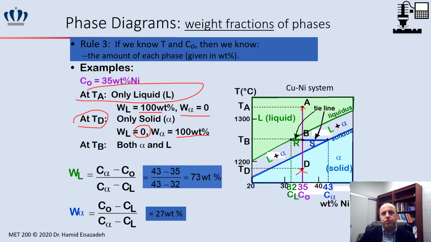But here we are in the gray area, and we have two materials, liquid and solid, and we want to find out how much of liquid we have there. Again, this is not composition, this is the amount of each phase in the material at that point of interest.